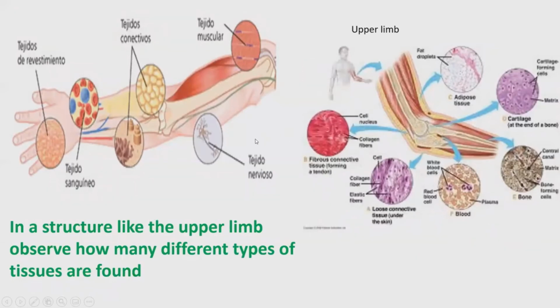You can see here that in a structure like the upper limb, observe how many different types of tissue we can find.